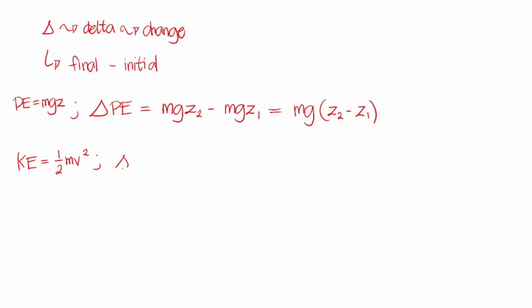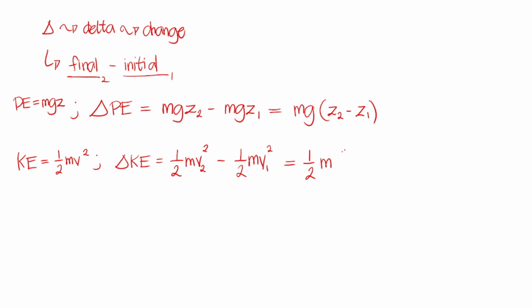And the change in kinetic energy is basically the final kinetic energy minus the initial kinetic energy. So that would be 1/2 mass times velocity sub 2, that is squared, minus 1/2 mass times the velocity sub 1 squared. Again, the subscript 2 indicates final and the subscript 1 indicates initial. Okay, so as you can see, common sa kanila ang 1/2 and the mass. So again, we could just factor them out.